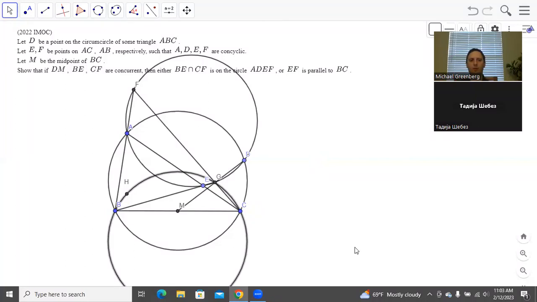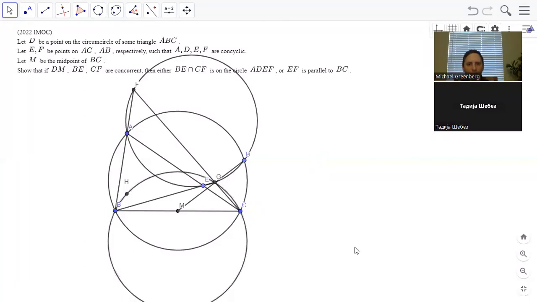Now let's see. So if we know it's on the circle, we have to first assume they're concurrent, and then show that G would lie on the circle.